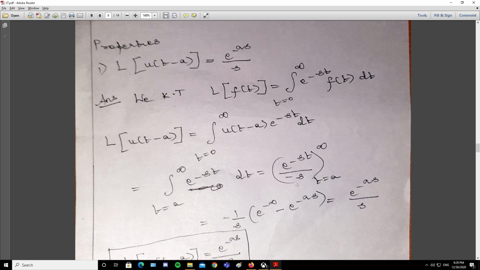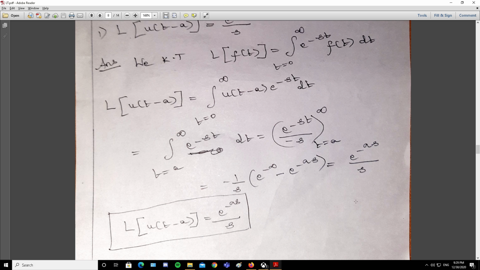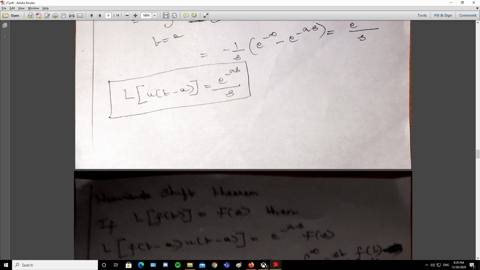So when you substitute the limits, it is minus 1 by s times e power minus infinity minus e power minus as, and e power minus infinity is 0. So you will get e power minus as by s. So the first property is Laplace of the step function is e power minus as by s.